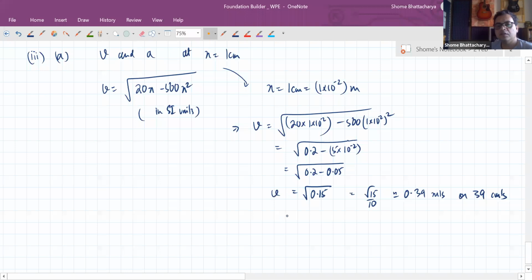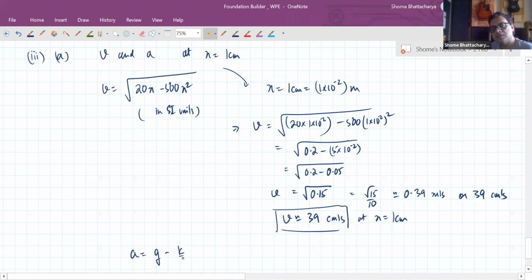So this will be the speed, approximately 39 meters per second, sorry, centimeters per second at a displacement of x equal to 1 centimeter. And acceleration was g minus k by mx.